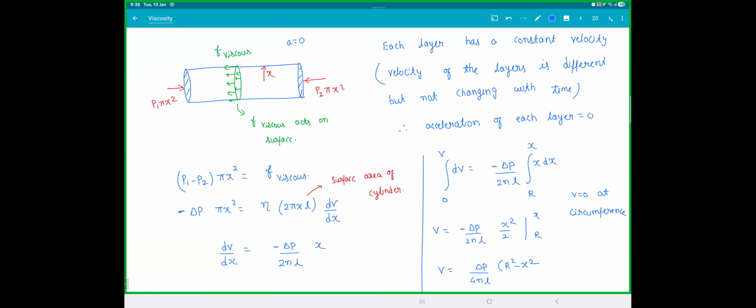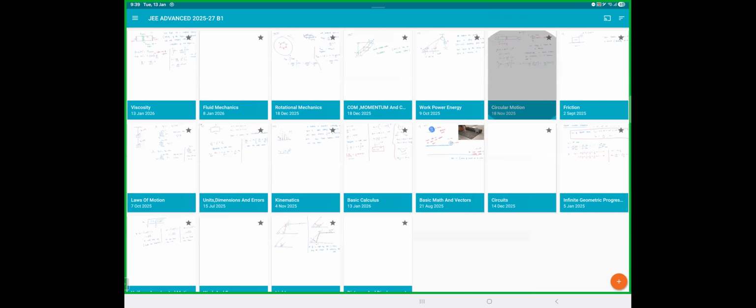Sir, I think the logic which you gave for putting the minus sign is kind of incorrect. When you say dp, it is the pressure difference due to the viscous force. Normally, whenever you write x, how do we write it? I taught you this here only.